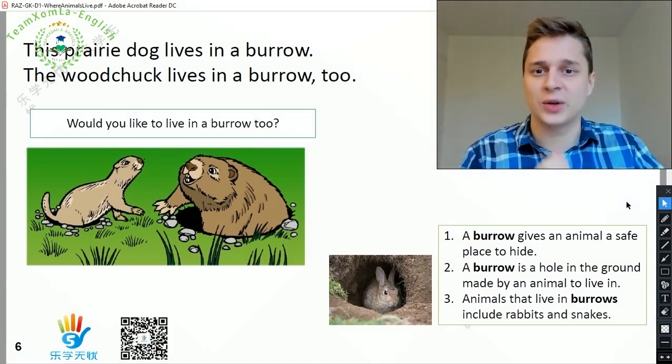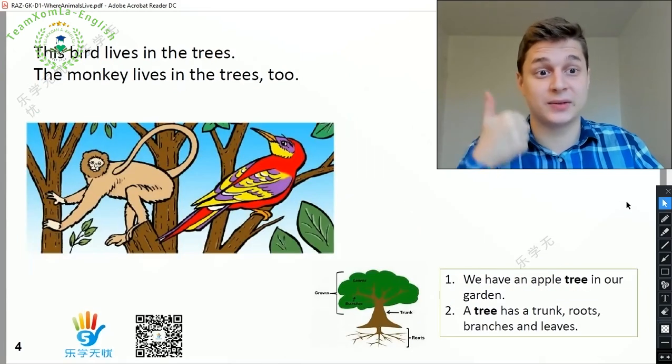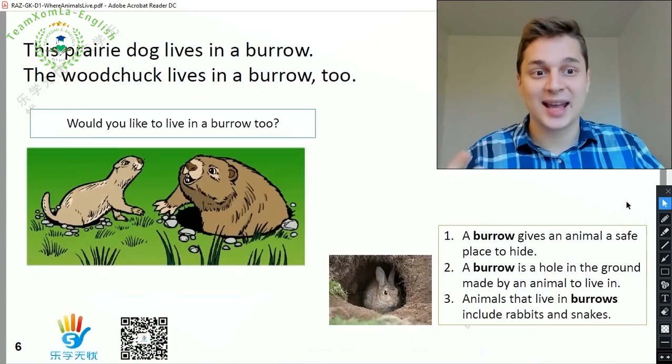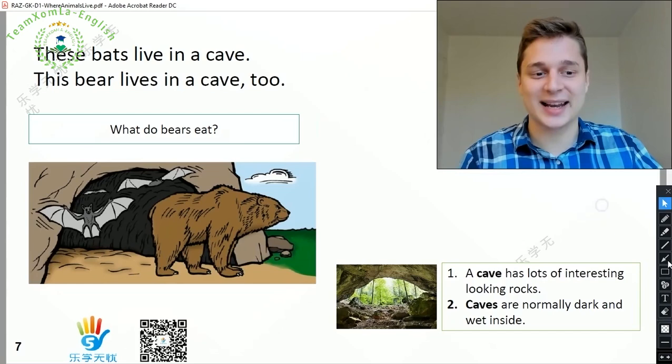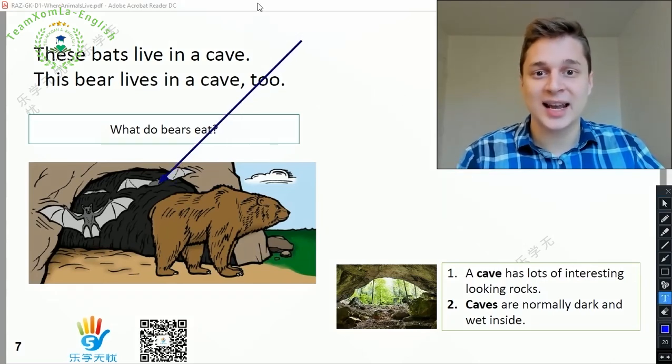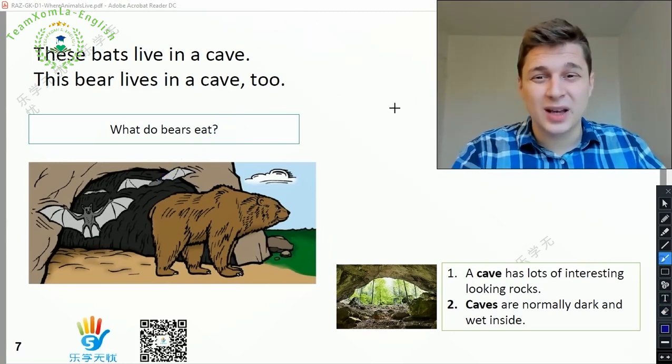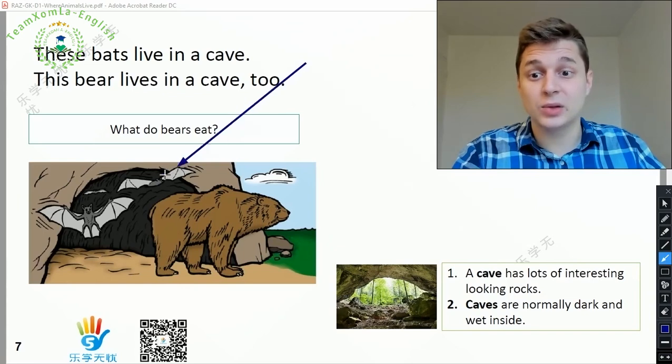So what do we know so far? We know that animals live in the trees, in the pond, and in barrows. Let's see where else we can find animals. This here, hole in the rocks, is called a cave. Inside a cave, we can find many animals too.